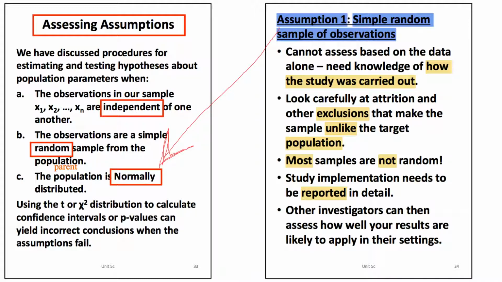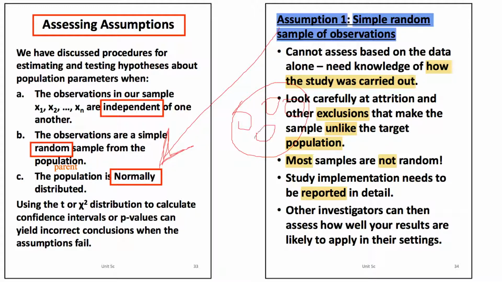We need knowledge of how the study was carried out, and we need to look carefully at attrition and other exclusions that make the sample unlike the target population. So this is a population and this is a sample, right? Or this can be the sample, or this can be the sample.